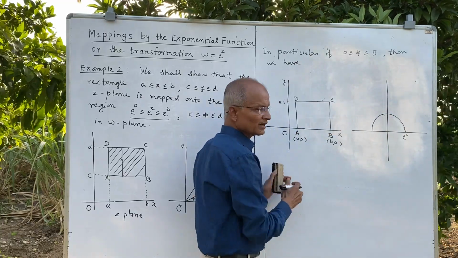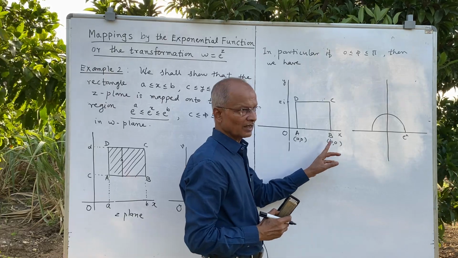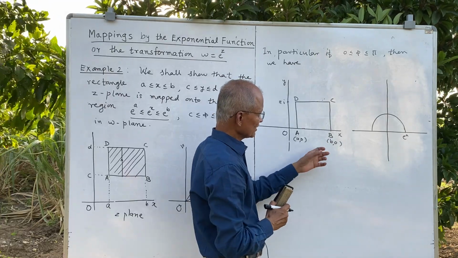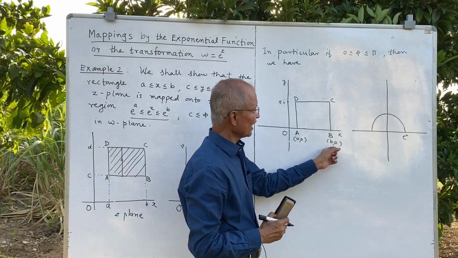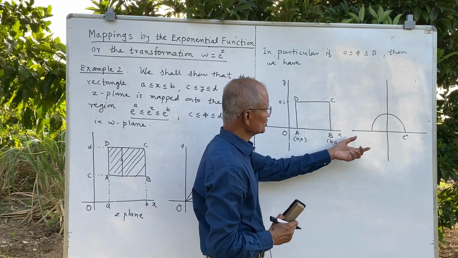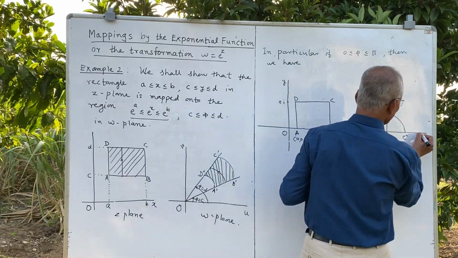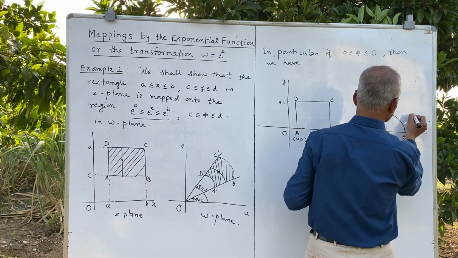For this point it will trace a circle with radius e power b and angle varying from 0 to pi, and therefore it will be of this type.